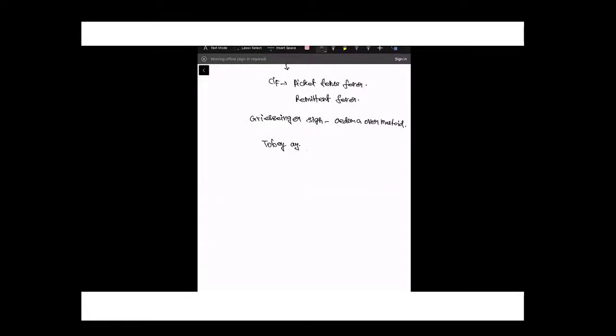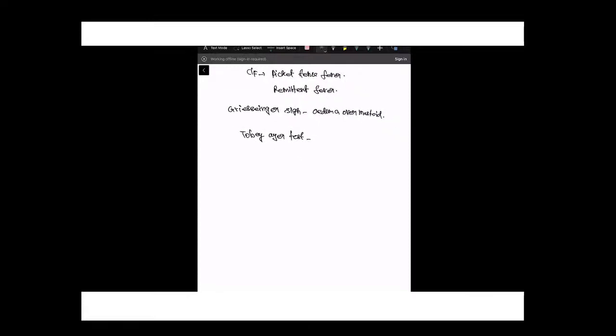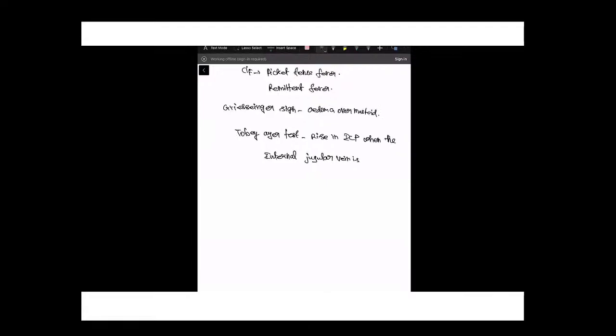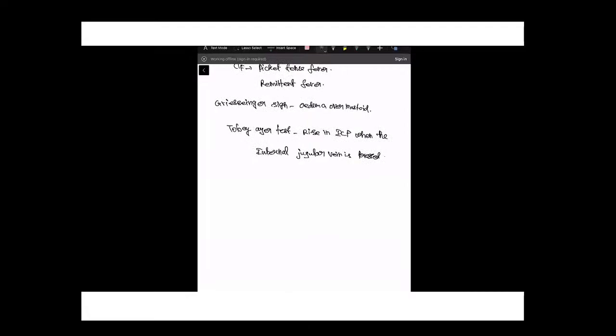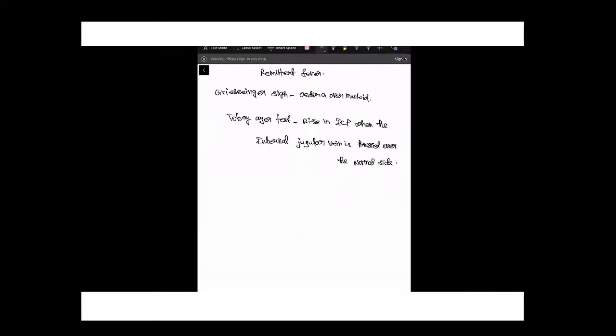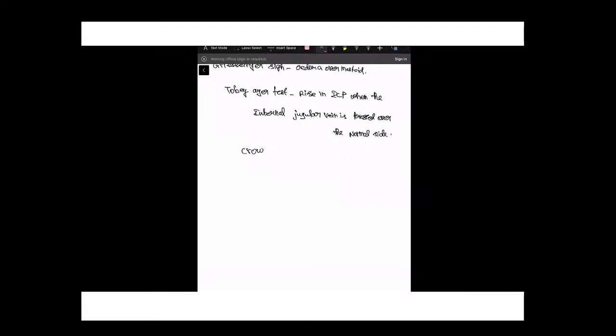Crowe-Beck test is the rise in intracranial pressure when the internal jugular vein is pressed over the normal side, and we also have the Queckenstedt test.